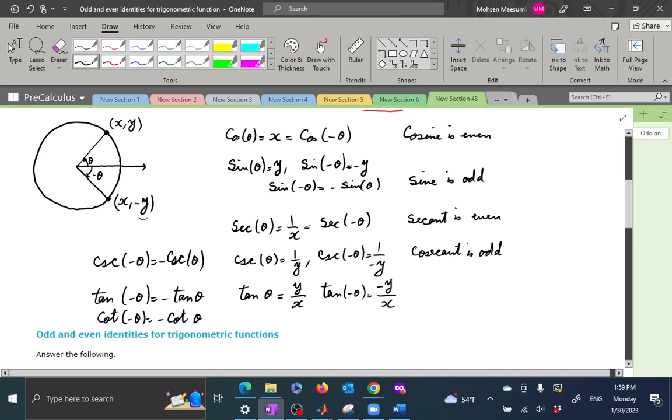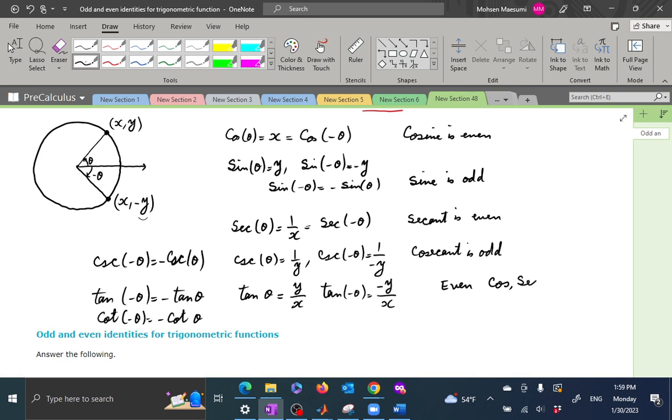So to make it abbreviated, the only things that are even is just cosine and its reciprocal, that is secant. Everybody else is odd, so that includes sine and its reciprocal, which is cosecant, as well as tangent and its reciprocal, that is cotangent.